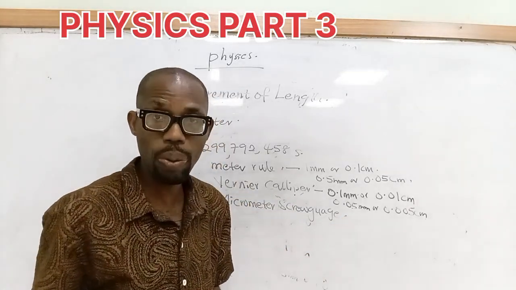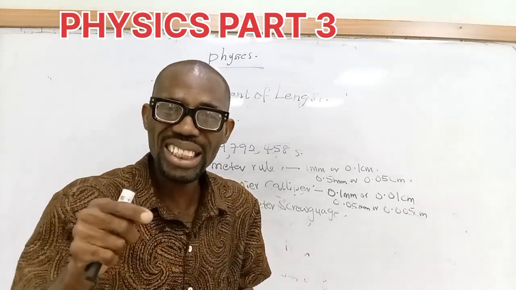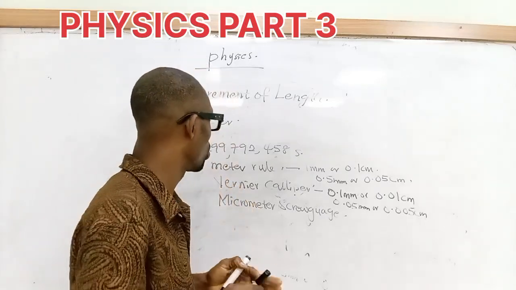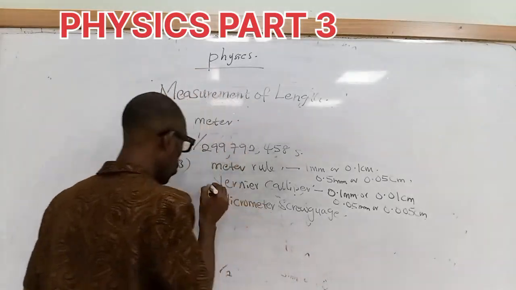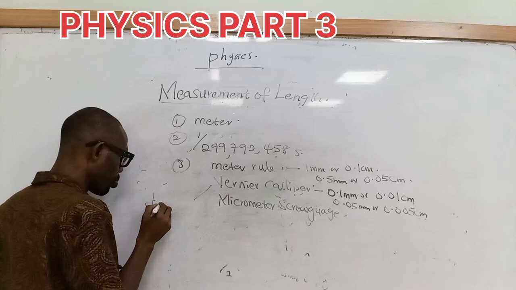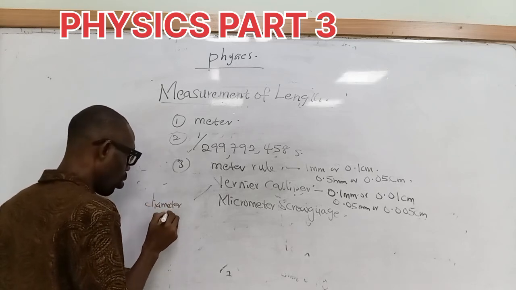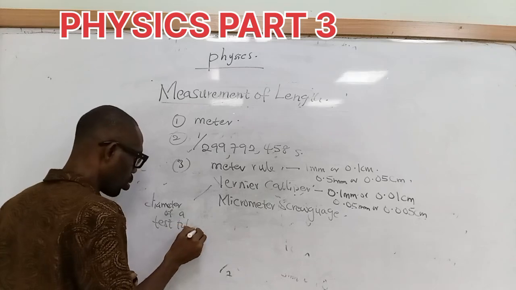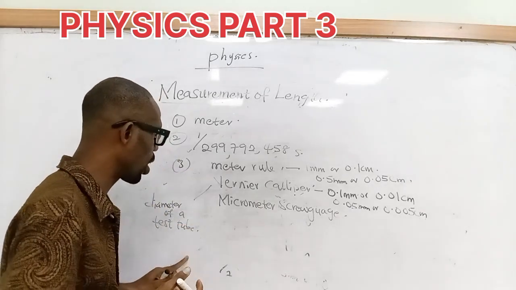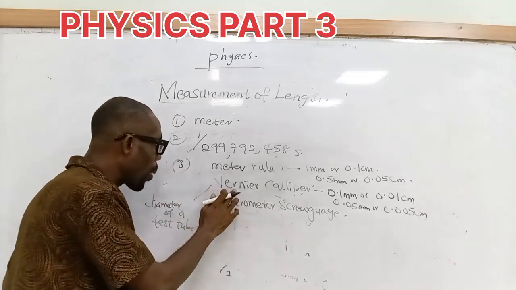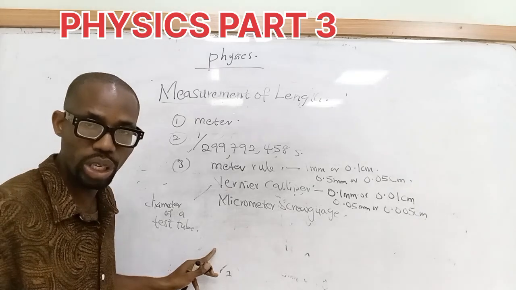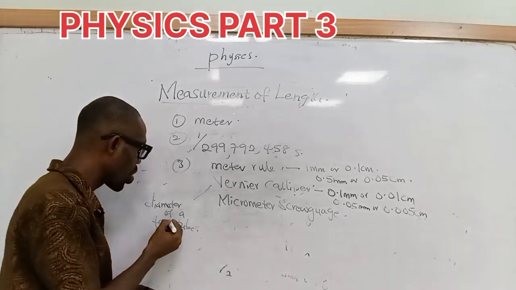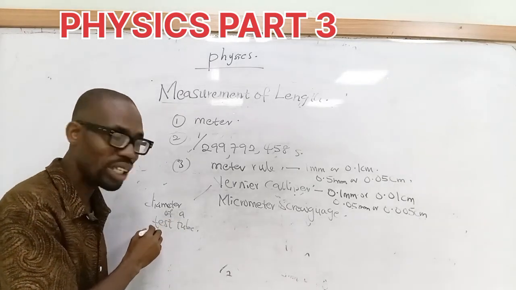The vernier caliper can be used to measure the diameter of a test tube. So the vernier caliper is used to measure the what? The diameter of a test tube. Can you see that now? The vernier caliper can also be used to measure the thickness of a converging lens.